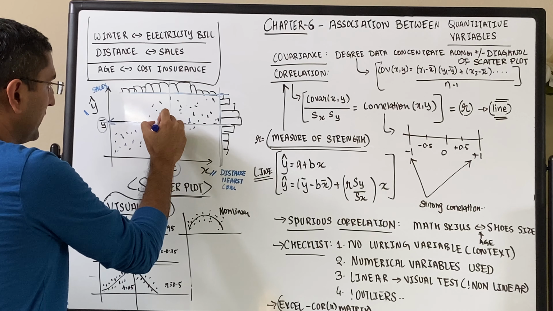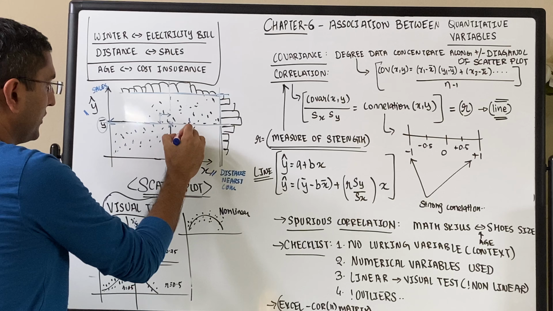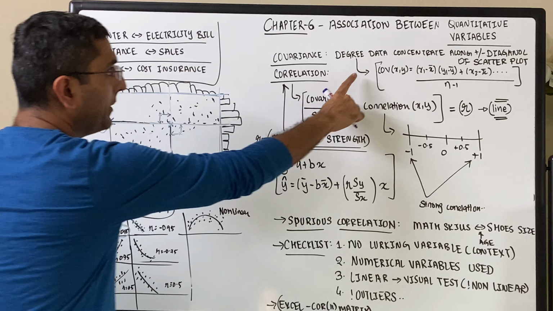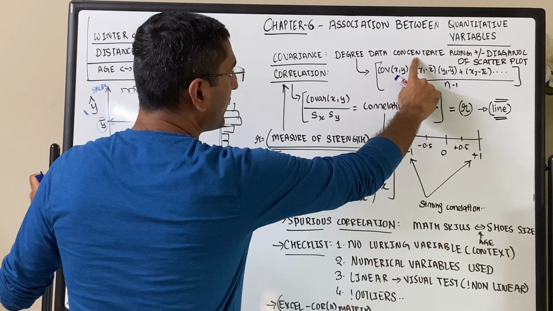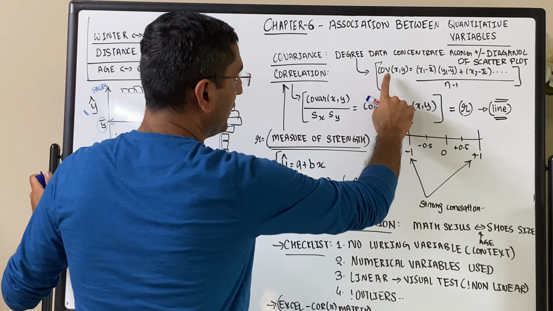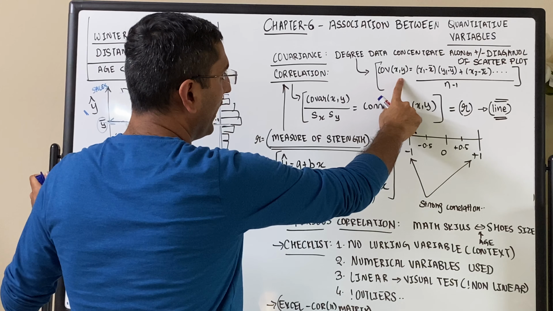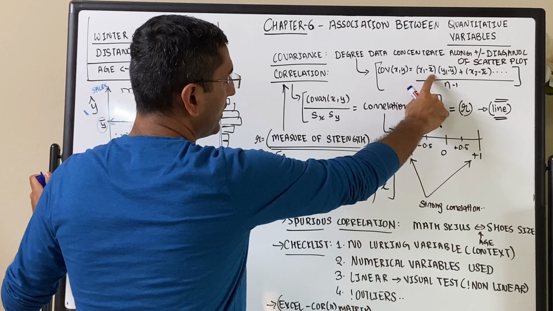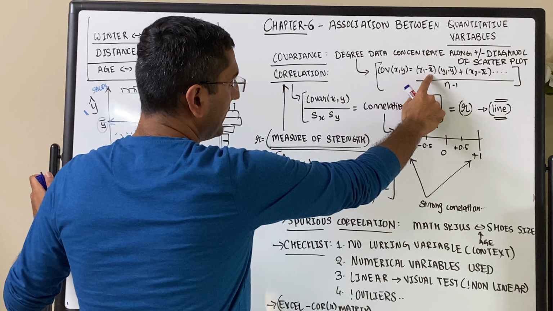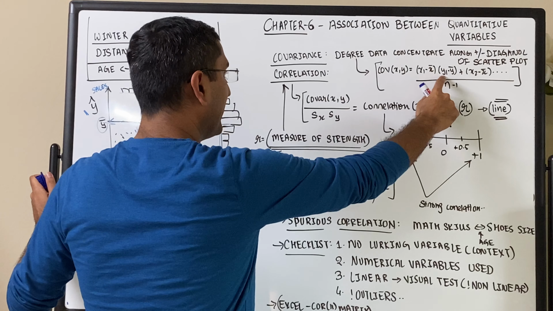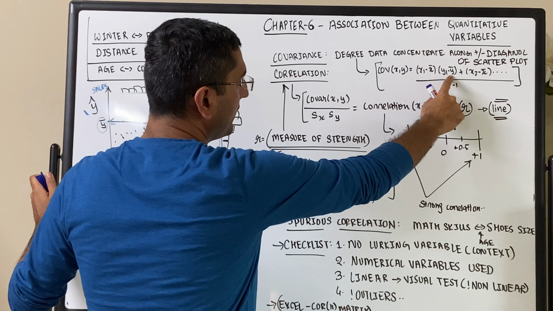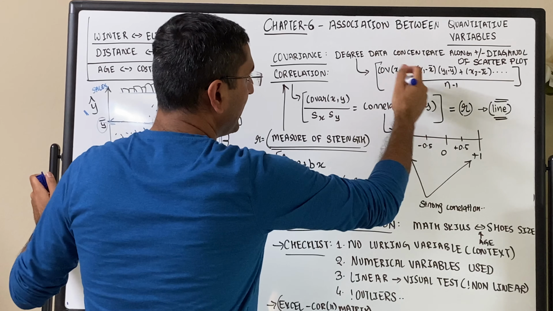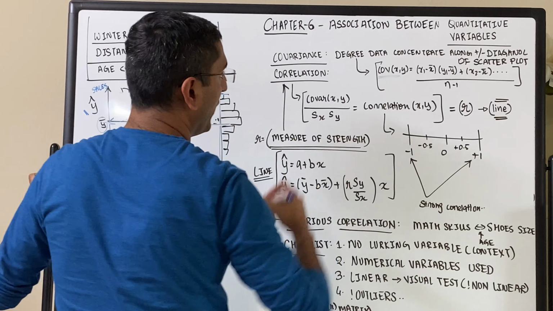If I take this point, I find this distance, and for this point I find this distance. So basically it's a degree of data concentration along the diagonal of the scatter plot. For a given data point, you take the x difference from the mean multiplied by the y difference from the mean, and then you keep doing that across the data to find the covariance between x and y.